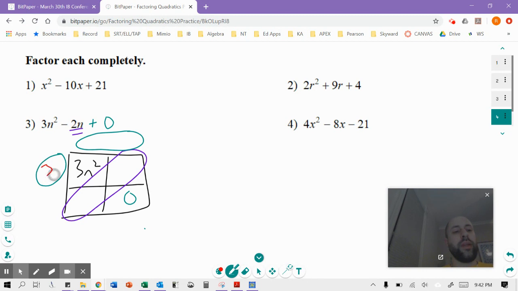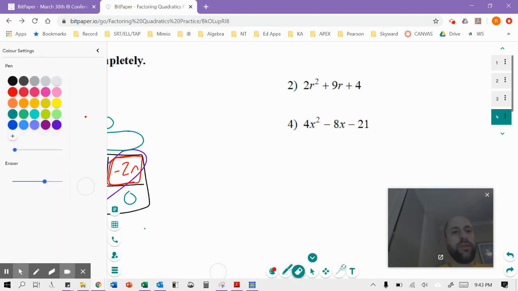Well, 3n and n. And then if I'm just looking at checking this box, well, this has to be -2n, but there's nothing I can multiply 3n by to get -2n. So right now what I notice is I need to switch those two.